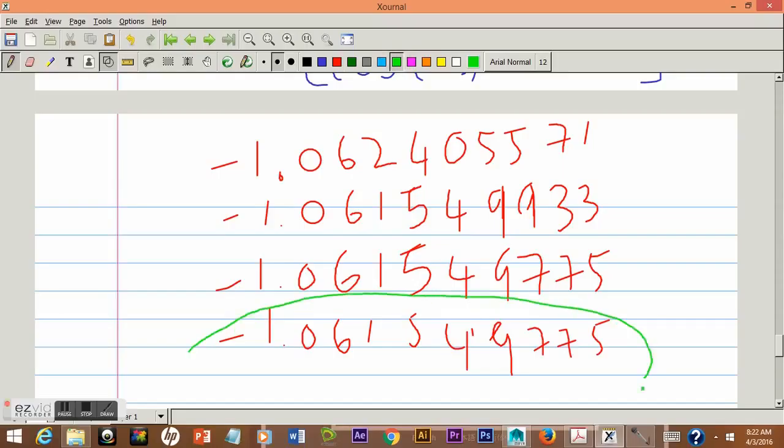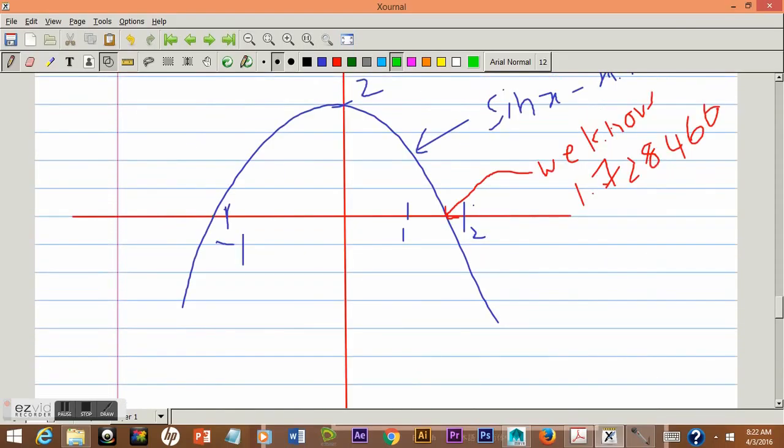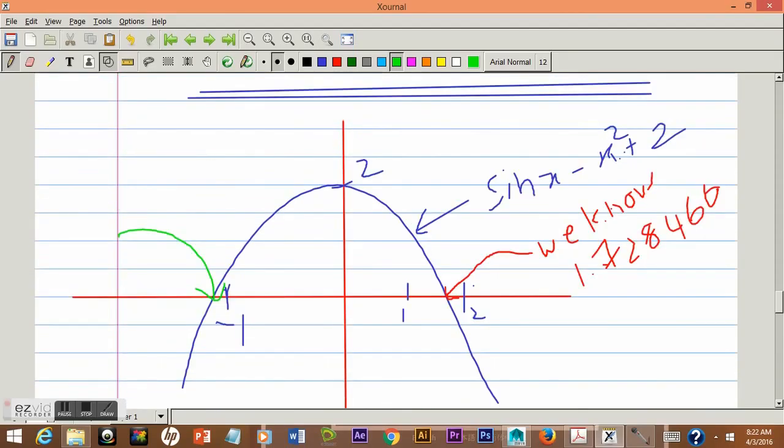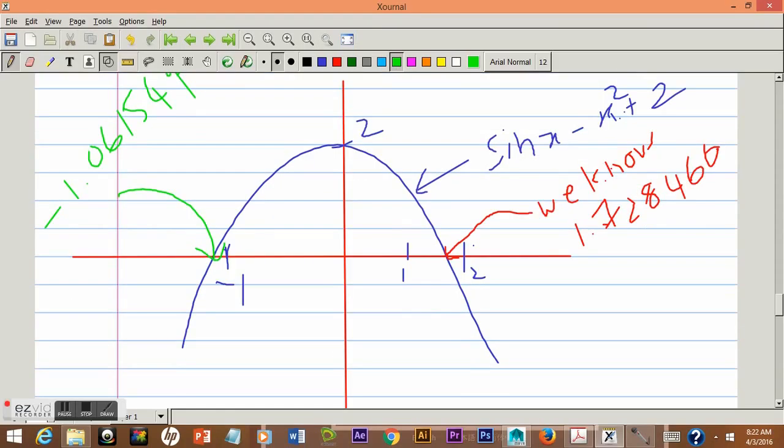So this is our negative root here, that is minus 1.061549775. So you have to write both answers because the question asks for the roots of the equation.